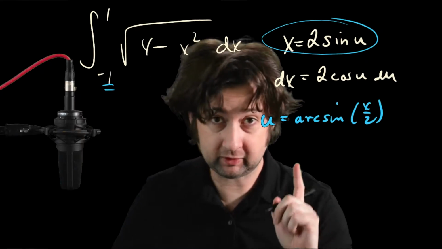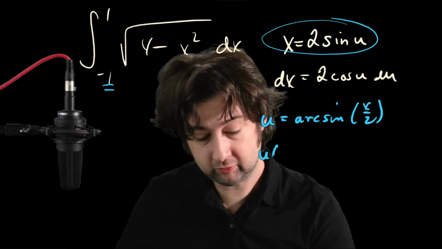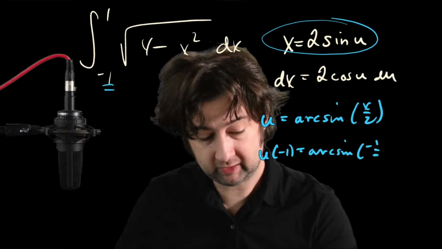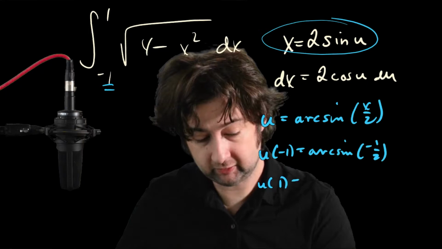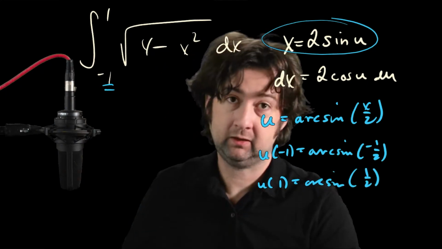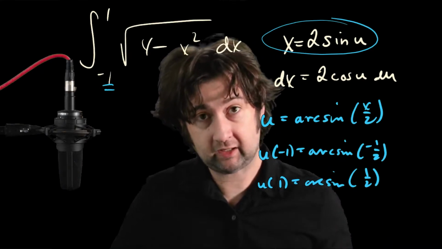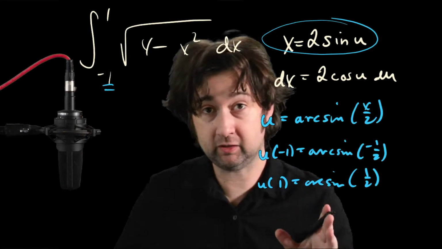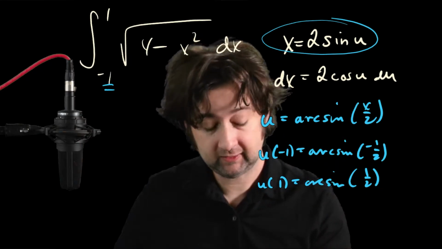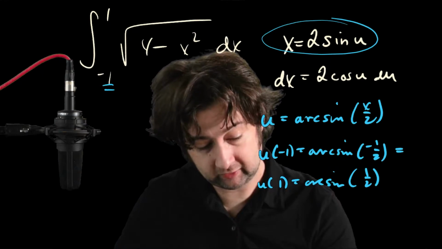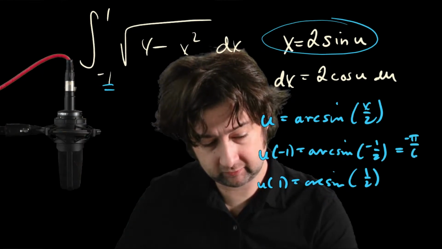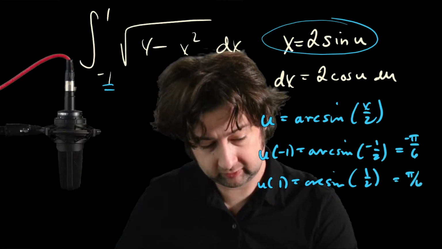And so that means for the limits that we're using here, u of -1 is equal to the arcsine of -1/2, and u of 1 is equal to the arcsine of 1/2. So the arcsine of -1/2 and the arcsine of 1/2 have to fall in the interval from -π/2 to π/2 because that's where the arcsine is defined. And that means that if the sine is ±1/2, then we're working from -π/6 to π/6.